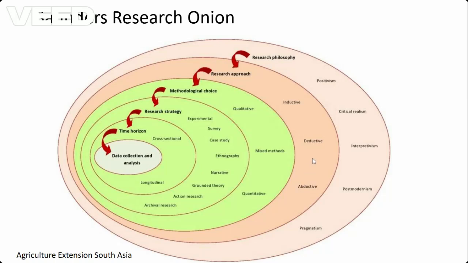I summarized, of course, the research philosophy, which was done by the Agriculture Extension South Asia. In your first discussion, maybe your first paragraph, you need to discuss your research philosophy covering positivism, critical realism, interpretivism, postmodernism, and pragmatism.